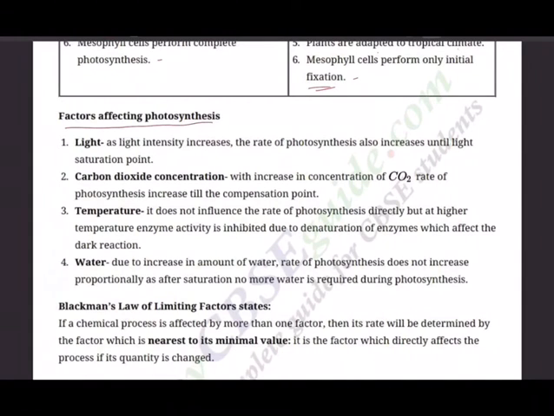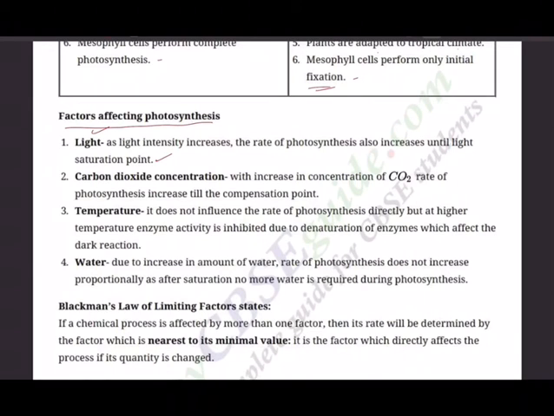Now, what are the factors affecting photosynthesis? As we expect, light is the first factor. As light intensity increases, the rate of photosynthesis also increases until light saturation point. Once the saturation point is reached, then it decreases.